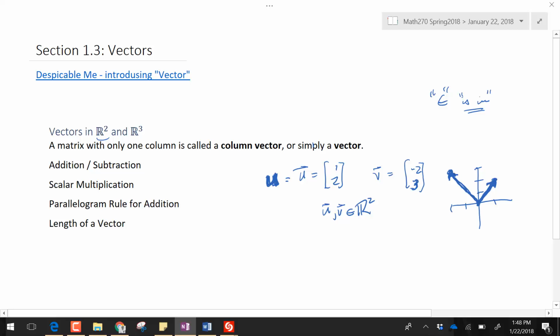Okay, we could do this in 3 dimensions as well. But those are your vectors, and that's how we can possibly represent them.